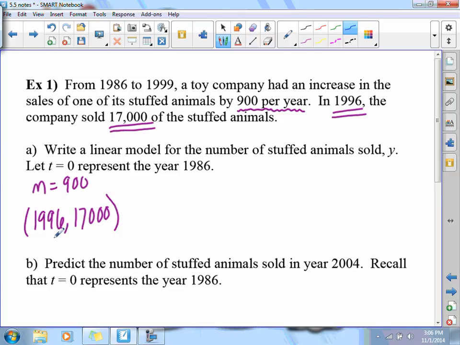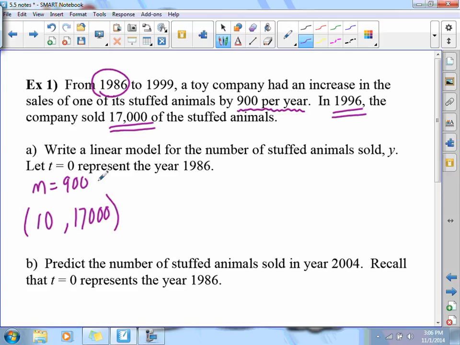And while that might be possible, it's probably not going to be. Okay? So instead of using the 1996, we're going to use how much time has gone by since 1986. Now, the company started in 1986. So from 1986 to 1996, that's going to be 10 years.